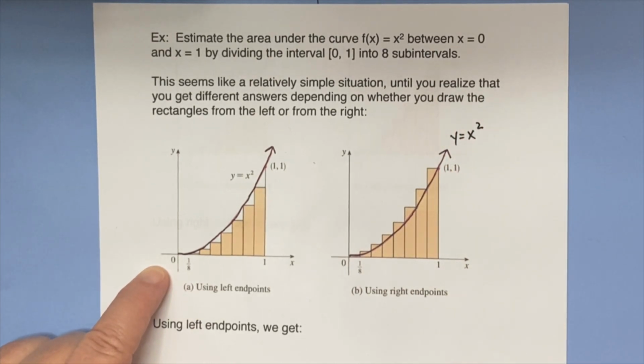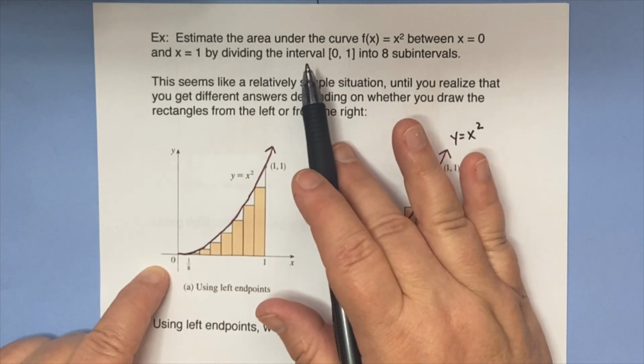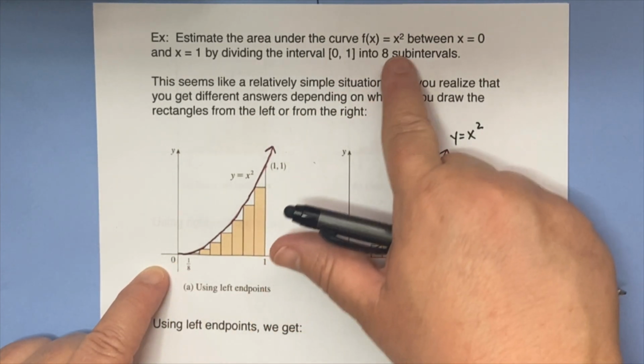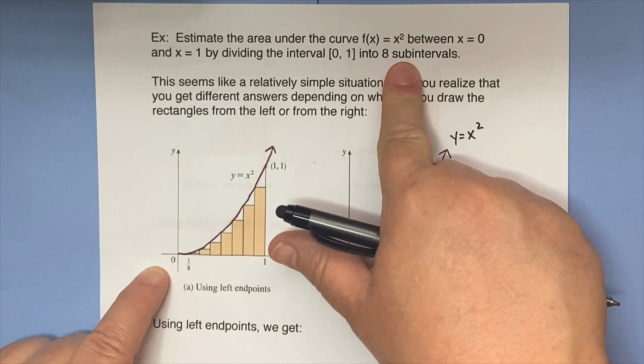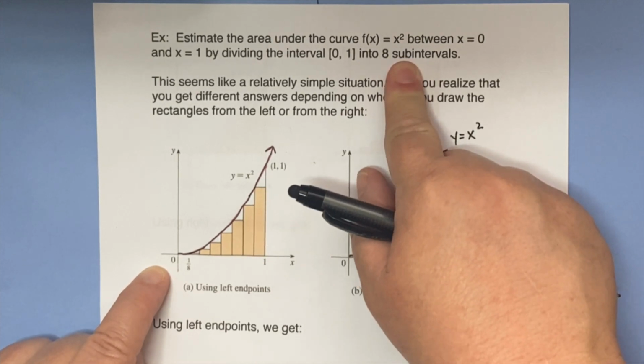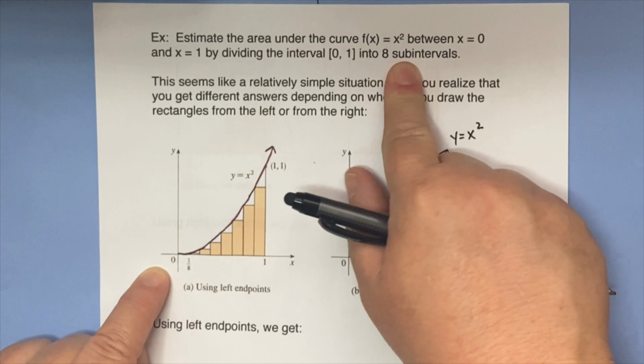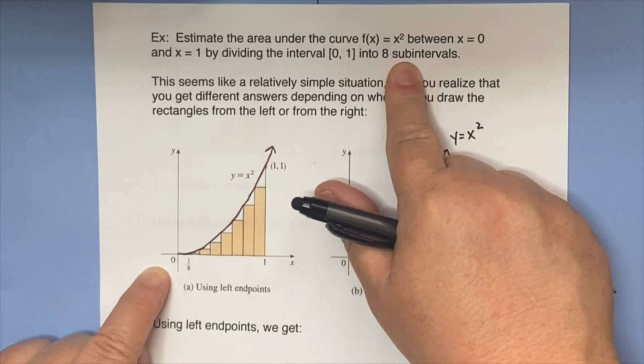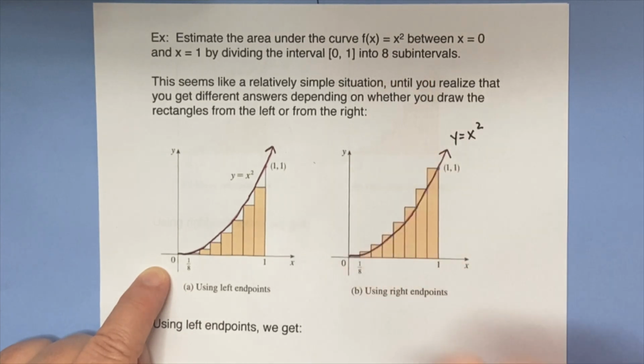And we're going to divide the interval between 0 and 1 into 8 subintervals. Super fun, right? So how many rectangles are we going to do? We're going to look at 8 different rectangles. Okay, that's going to be a lot of work, but is it going to get us pretty close?